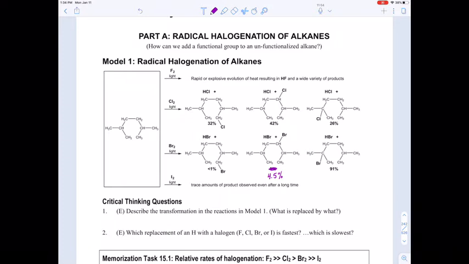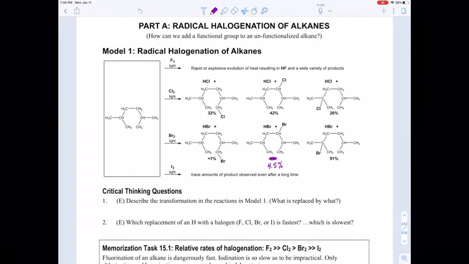In the first part, we see that fluorine gas up here. Fluorine is not useful because it's too good at reacting and it's too fast and explosive, and it can end up with all sorts of products that aren't predictable. Chlorine, notice we have a fairly even mixture of products. We have this product distribution.